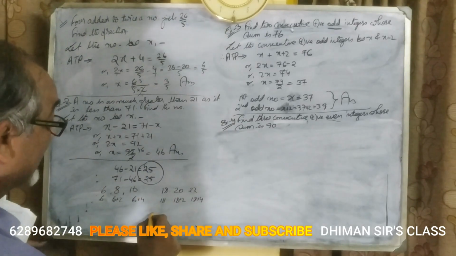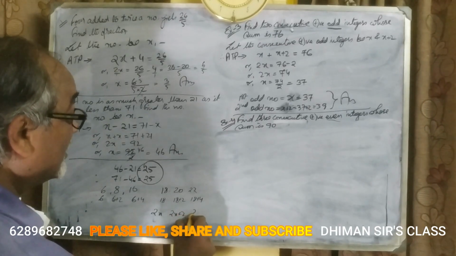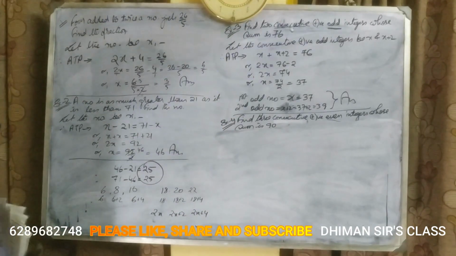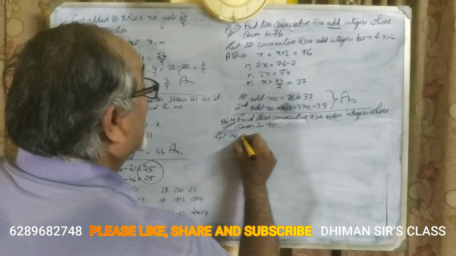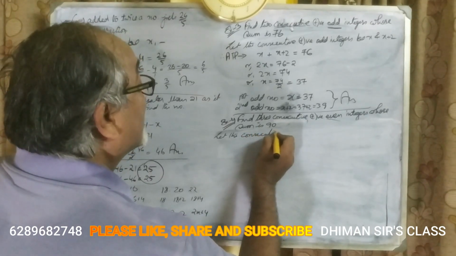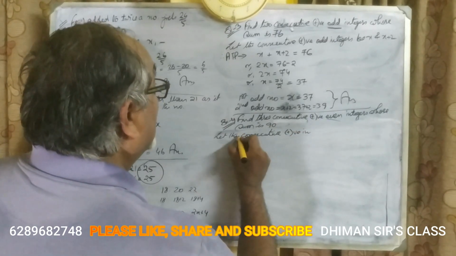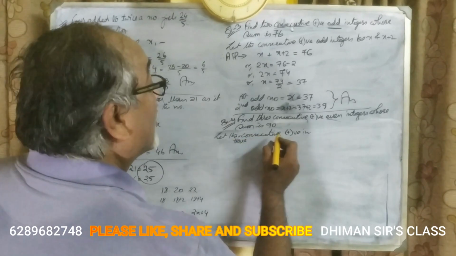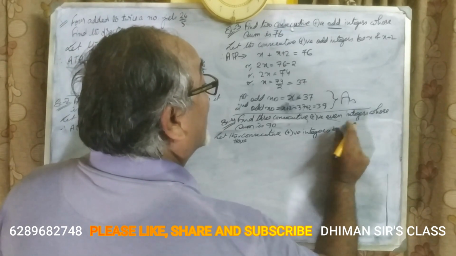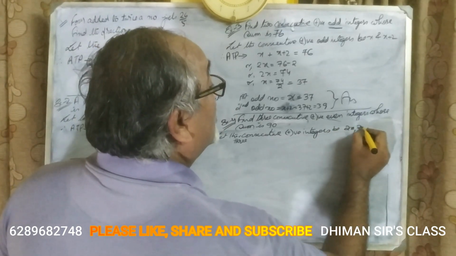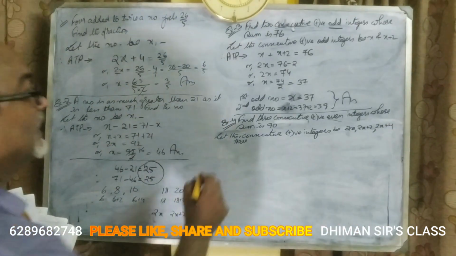So, if it is 2x, then 2x plus 2, 2x plus 4, clear? Same way, let the three consecutive positive even integers be 2x, 2x plus 2, 2x plus 4. Okay.